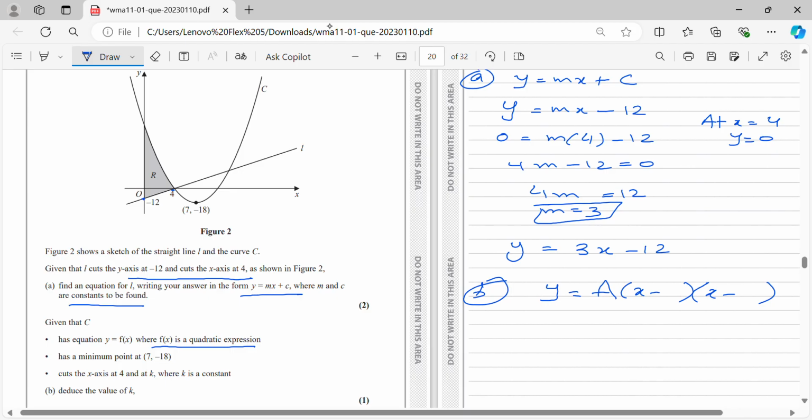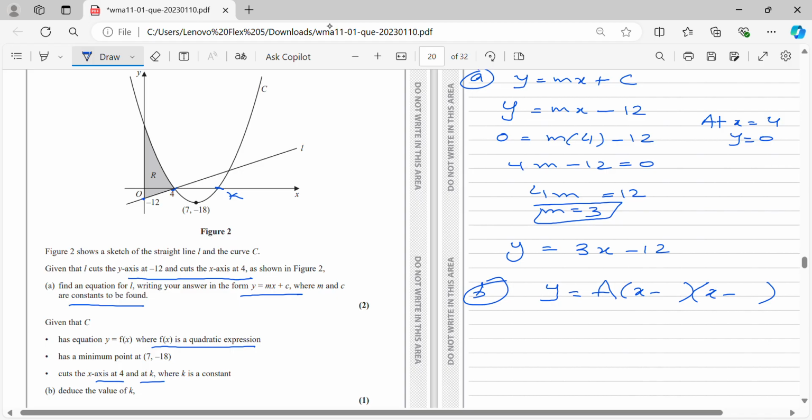How do you know what it is? Let's have a look. They said it has a minimum point at 7, -18, and cuts the x-axis at 4 and at k. So this is 4 and the curve cuts the x-axis at k. So this is k, and the turning point is 7, -18.